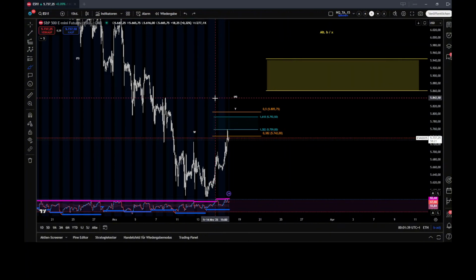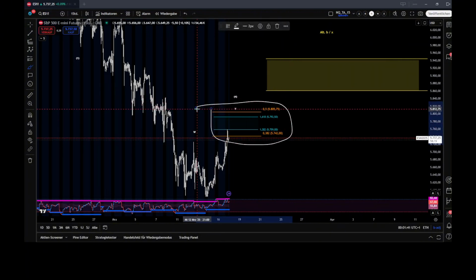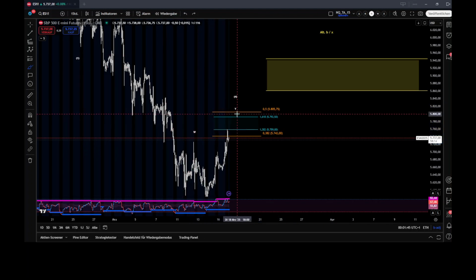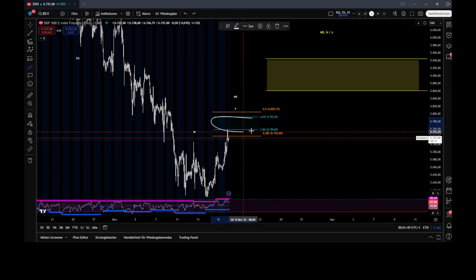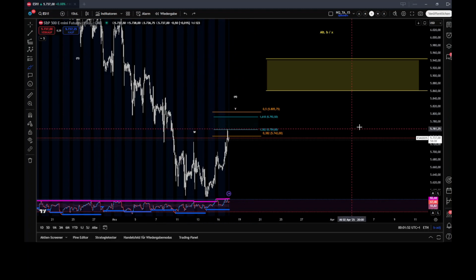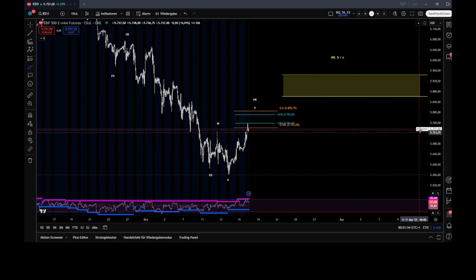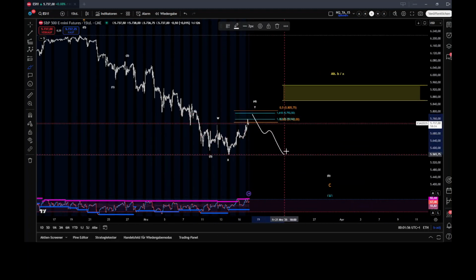The wave 4 can go higher, so that's the typical target area between the 38.2 Fib retracement and the 50% retracement level of wave 3, and in between we have these two extension targets. So this could be a good target possibly where we should find resistance and then sell off to the downside.